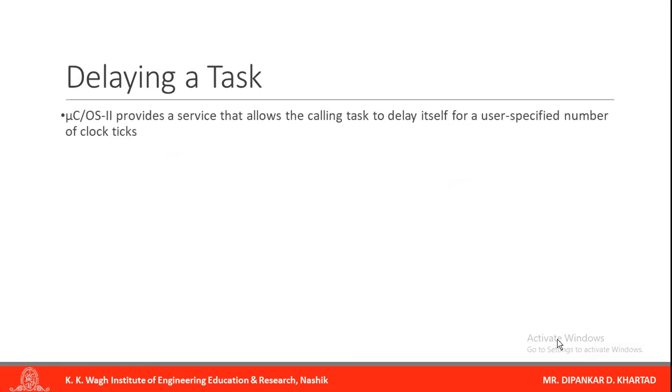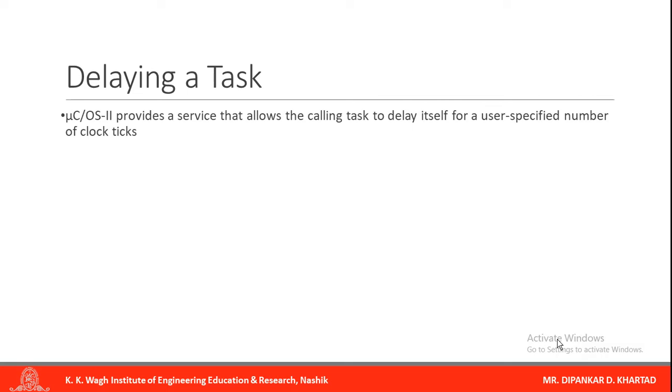MuCOS 2 provides a service that allows the calling task to delay itself for a user specified number of clock ticks. You must be confused about clock ticks. If I give 2 clock ticks or 3 clock ticks, that will delay a task for a particular time.